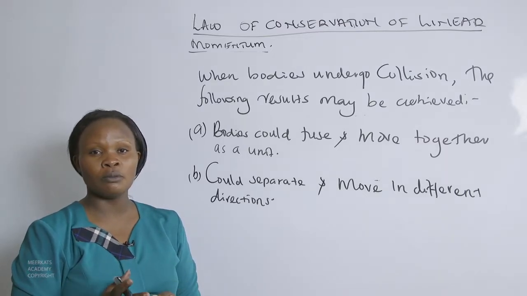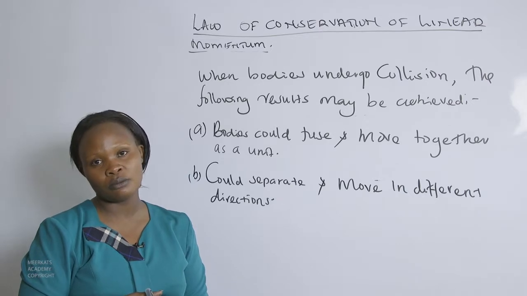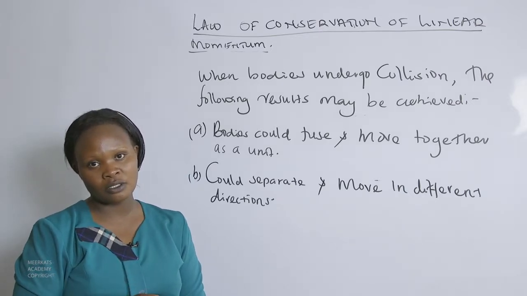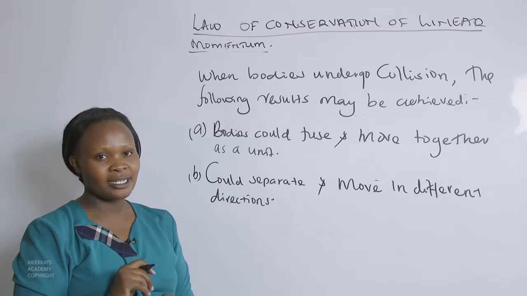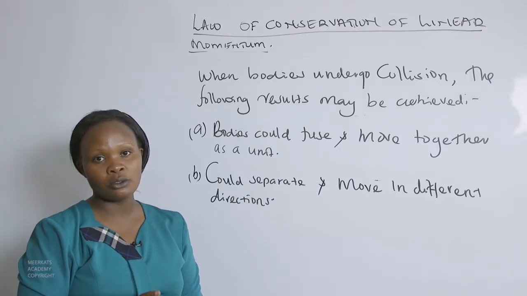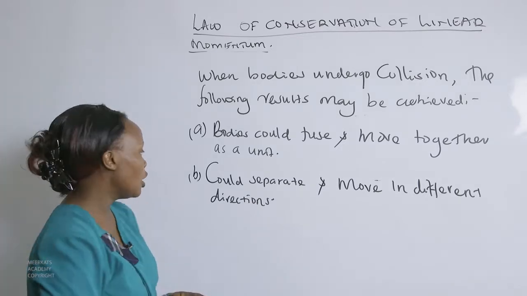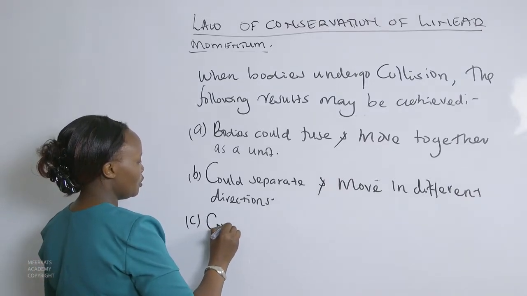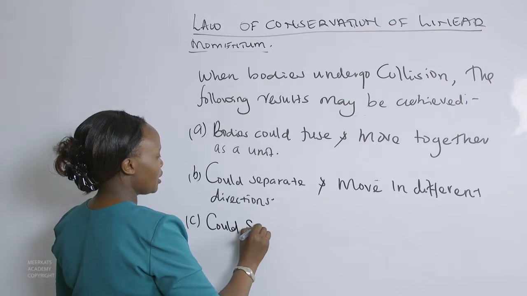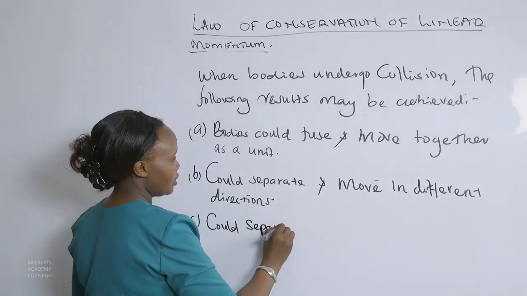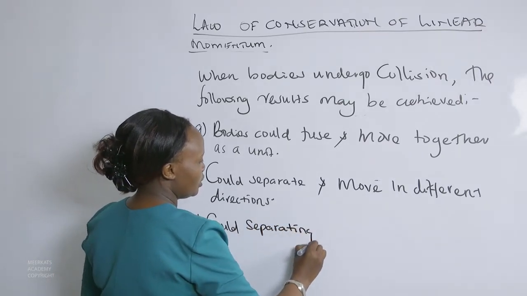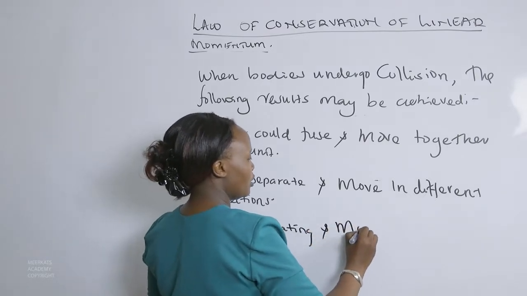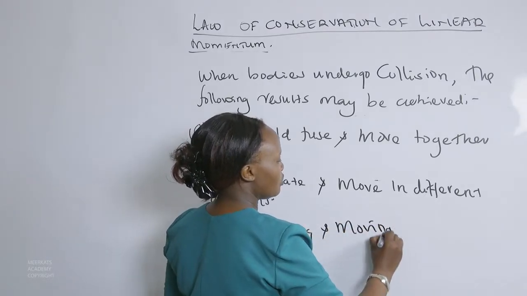That will inform the velocity that is going to be realized after collision. Now, the last result that you could achieve from a collision is that of bodies separating and moving in the same direction.